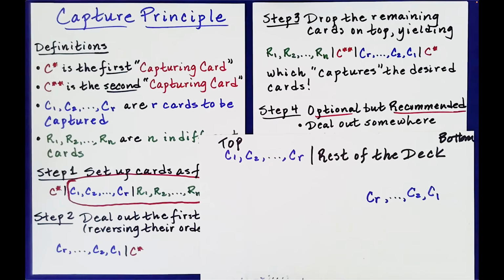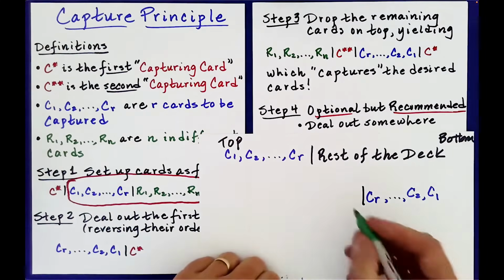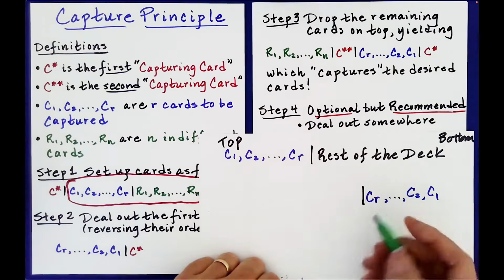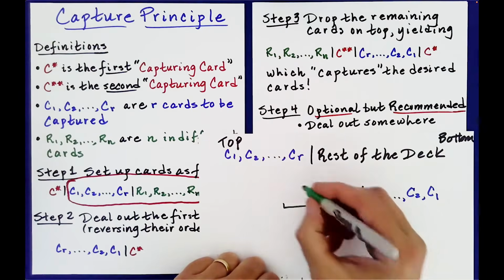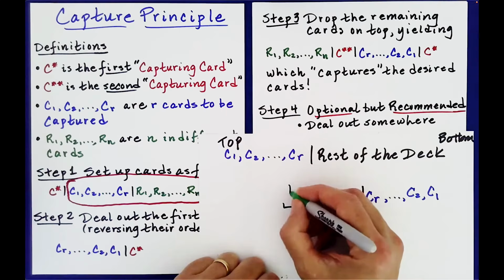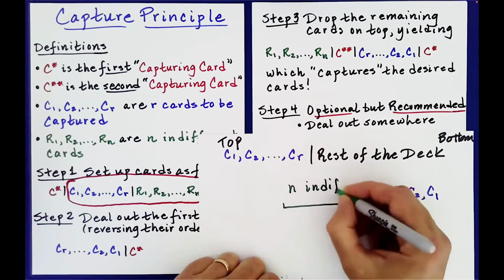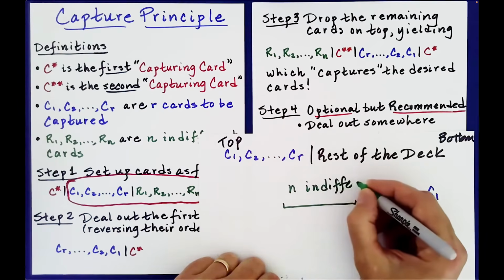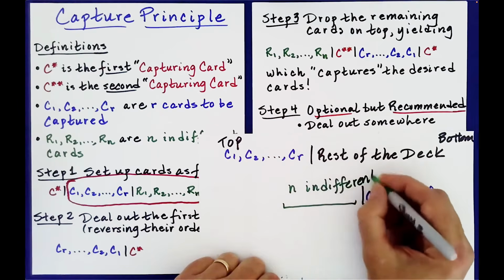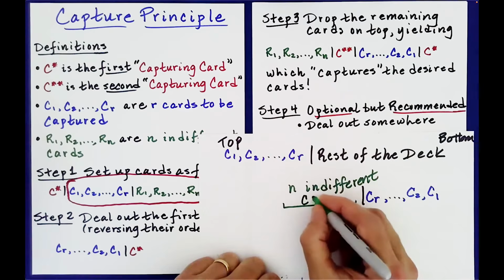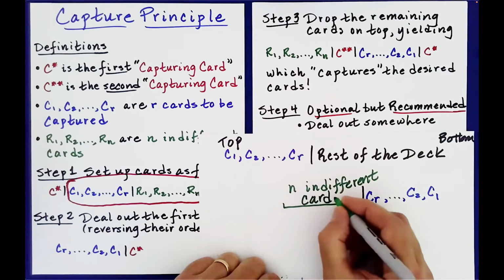And then from there, there'll be a certain number of cards that are dealt according to whatever the spectator tells you to do. Okay, so we have what I've called the N indifferent cards, some number of additional cards whose identities are not important.